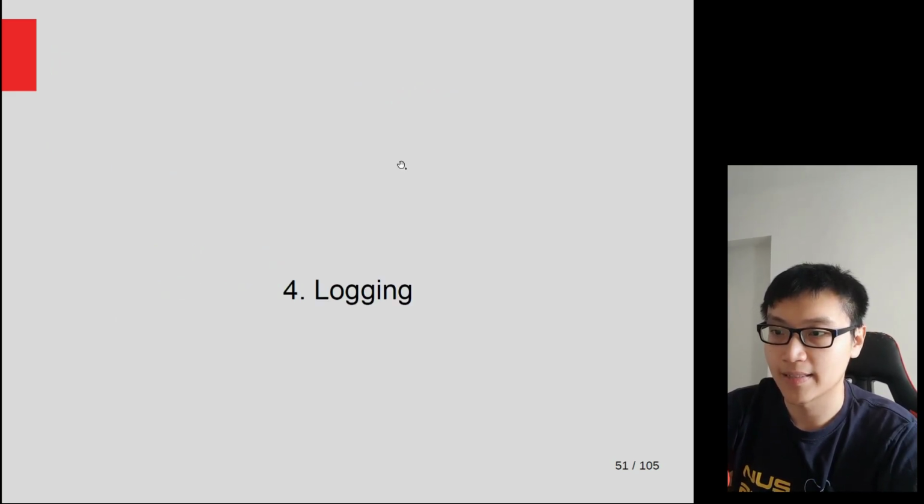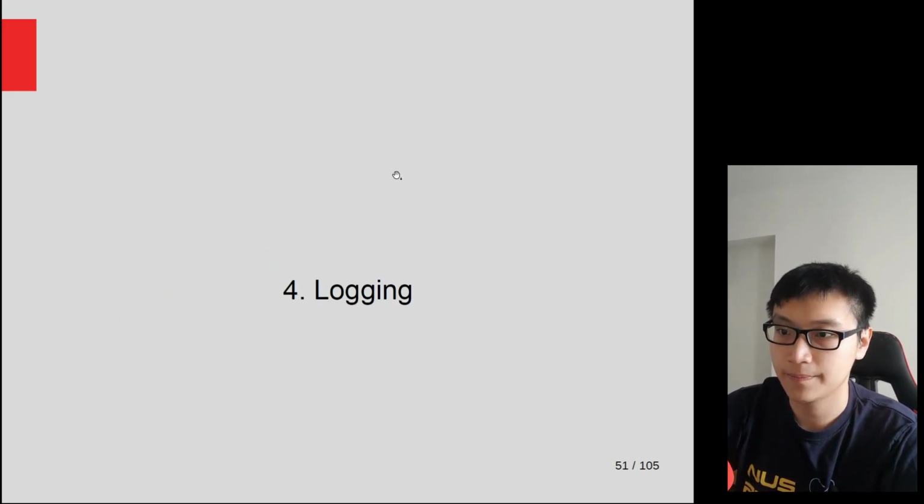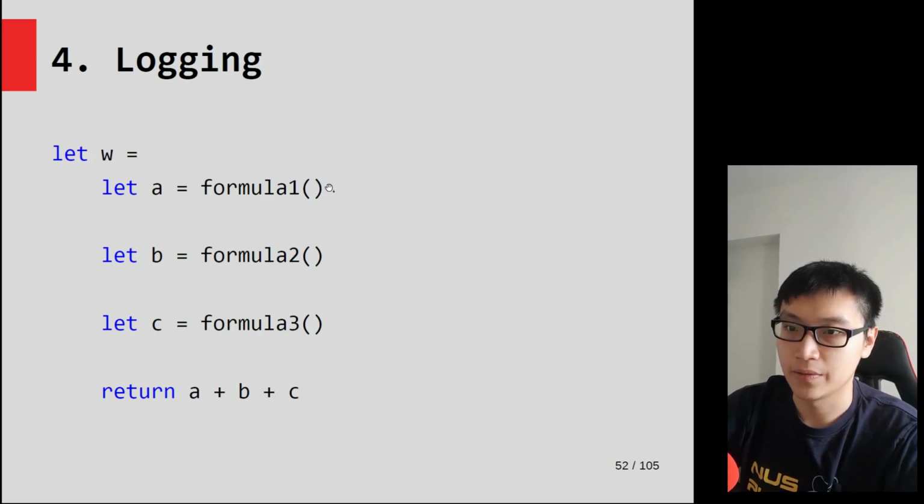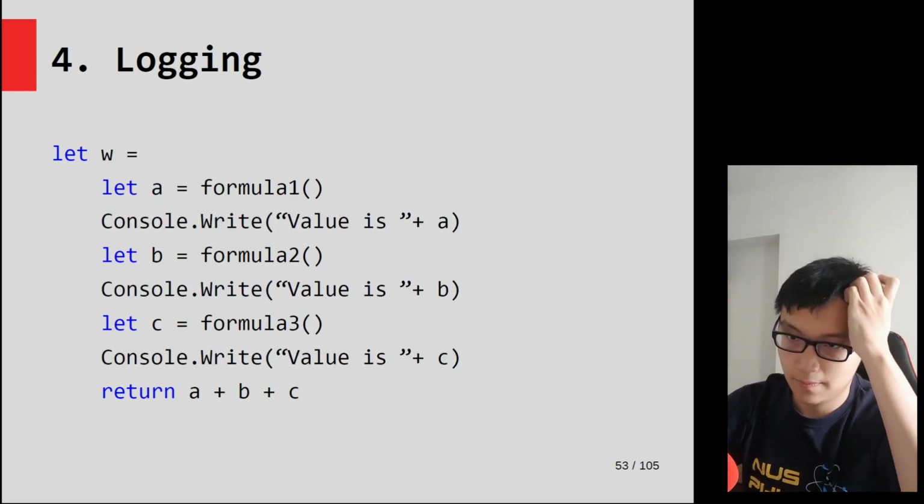Let's take a look at another example, which is the logging type. Let's say that you have this calculation a, b, c, and you want to write what is a plus b plus c. But maybe you want to add some additional logging or printing in the process.